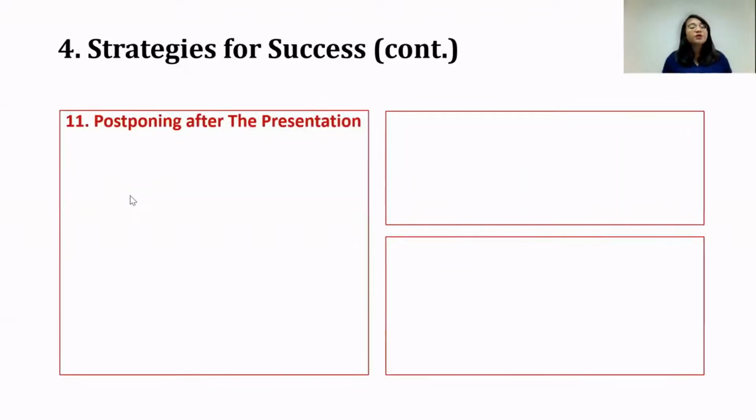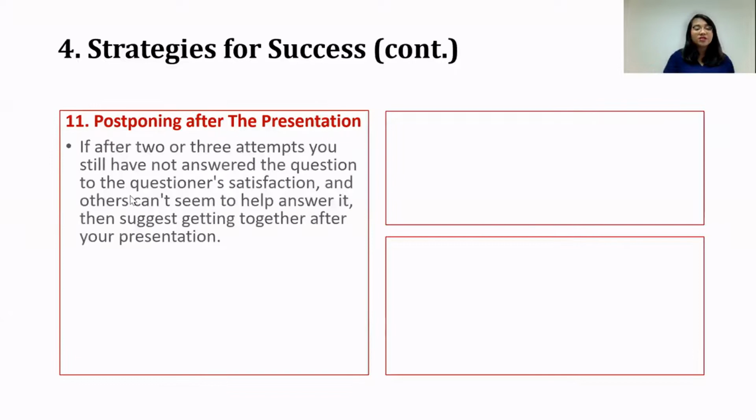Number 11, postponing after the presentation, or delaying the response until after your presentation is finished. If after 2 or 3 attempts, you still have not answered the question to the questioner's satisfaction, and others cannot seem to help answer it, then suggest getting together after your presentation. Remember that presentation time and also the Q&A session are always conducted in limited, scheduled time.